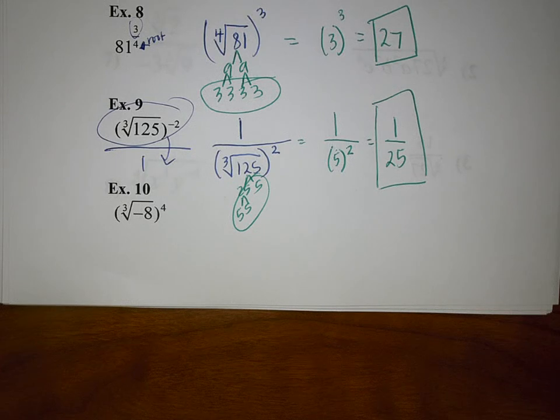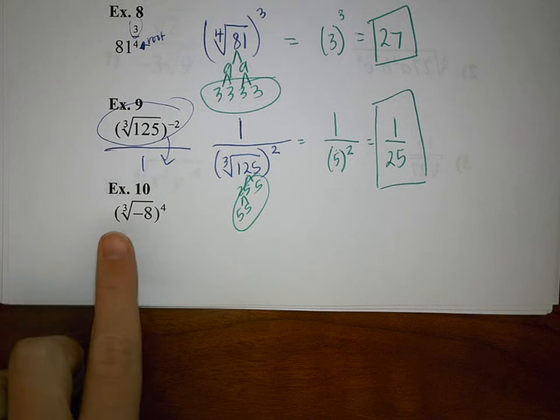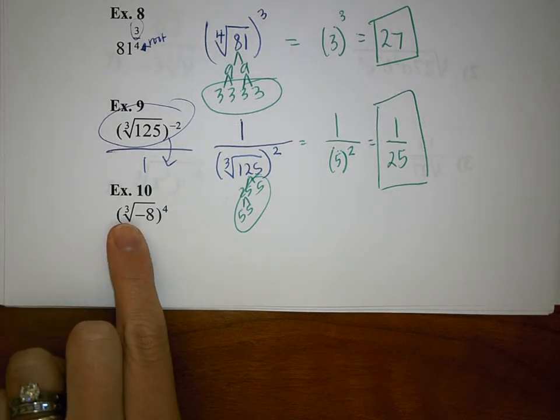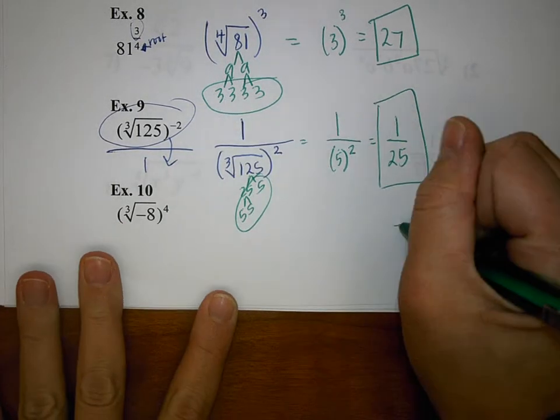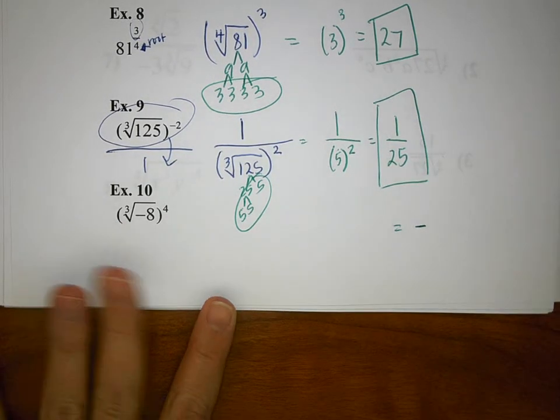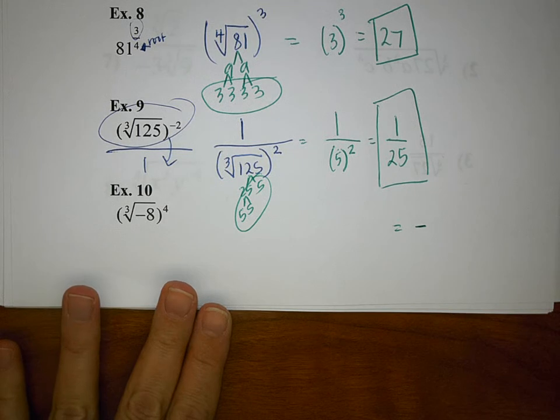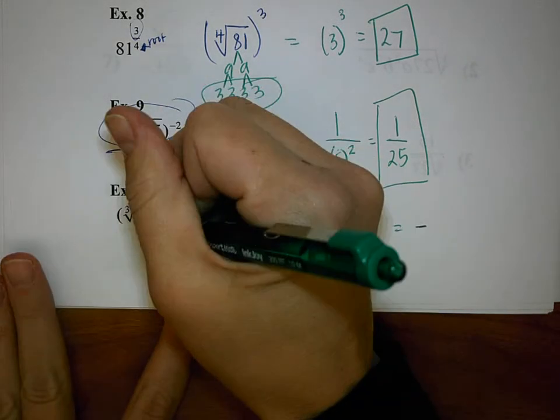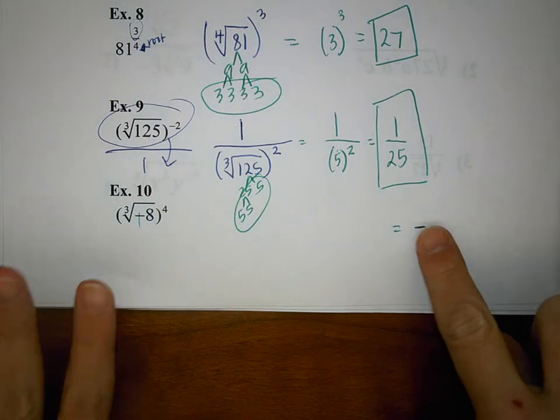Even roots, if you have a negative inside, it becomes an i. So whenever you see a negative, check. Okay, is this odd or even? Odd. Therefore, if you want to put over where your answer is, it's going to end up being a negative. And then if you want to not worry about it and change it to a positive, that's fine. But we know our answer is going to be negative.